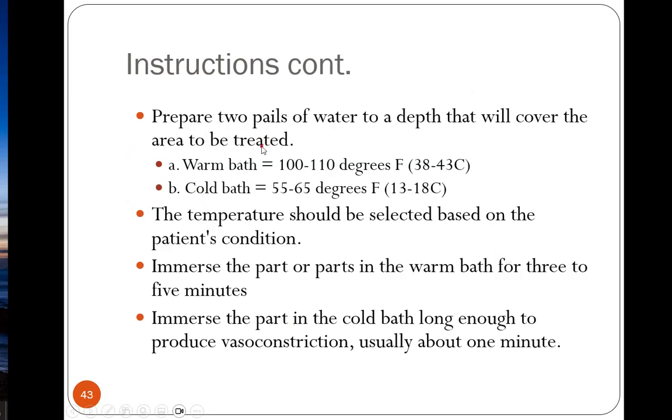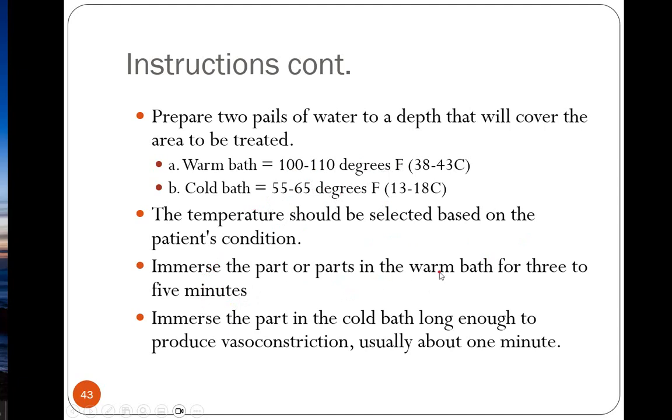Prepare the 2 pails of water to a depth that will cover the area to be treated. If you're doing the hand or the foot, the warm water needs to be about 110 degrees. The cold water needs to be about 55 degrees Fahrenheit. The temperature should be selected based on the condition of the client. You could go 100 to 110 and 55 to 65.